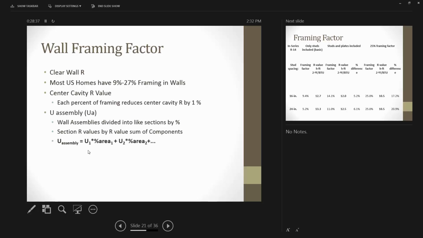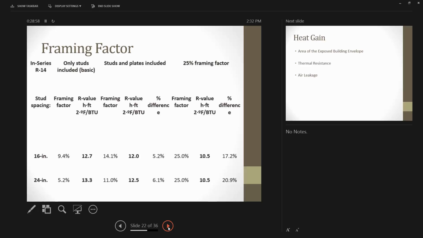Does that make sense? Because you can't just say, because we have our R26 insulation in the wall and add our drywall and add our siding on the outside, we come up with an R28, so our whole wall's an R28. It's not. We've got framing in it, we've got windows, we've got doors.